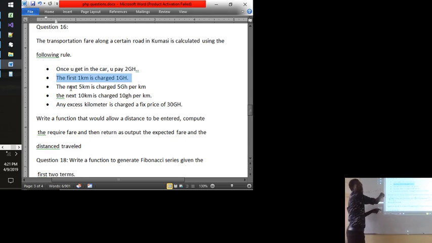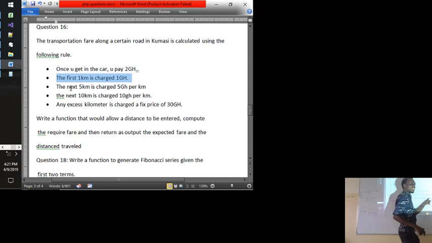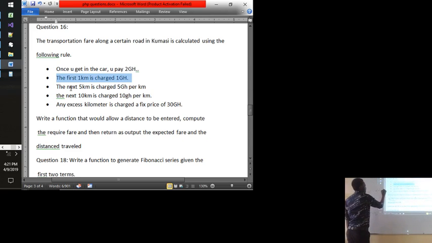So that's how many kilometers covered so far? 16. Anything beyond is charged 30. Up to here is 16. It's going 50. So that means you are going to pay plus 50 minus 16 times 30.